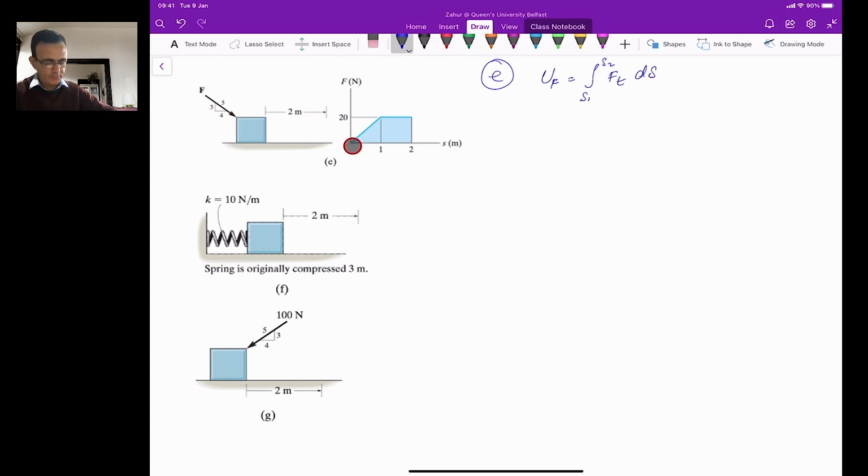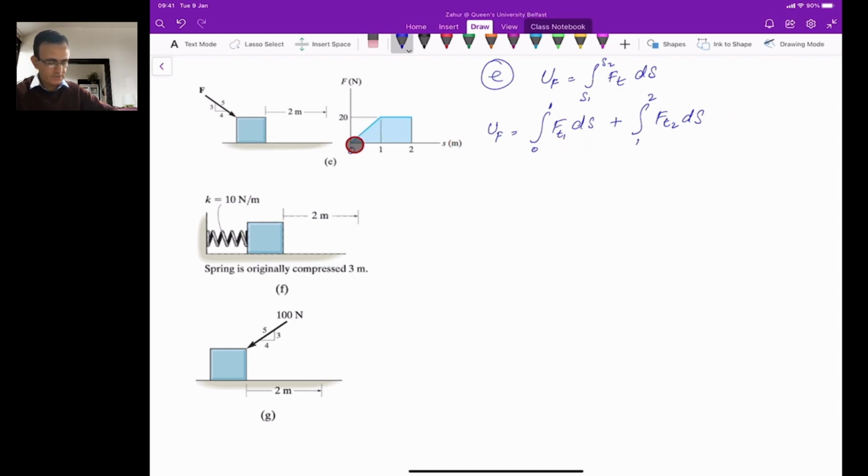From 0 to 1 the force is changing this way, and then from 1 to 2 the force is constant, which is 20. This means that we can split this integration into two parts: from 0 to 1 we will have the integral of Ft1 ds, and from 1 to 2 it's constant, so we will have the integral of Ft2 ds. Now we need to calculate equations for Ft1 and Ft2 in terms of s.